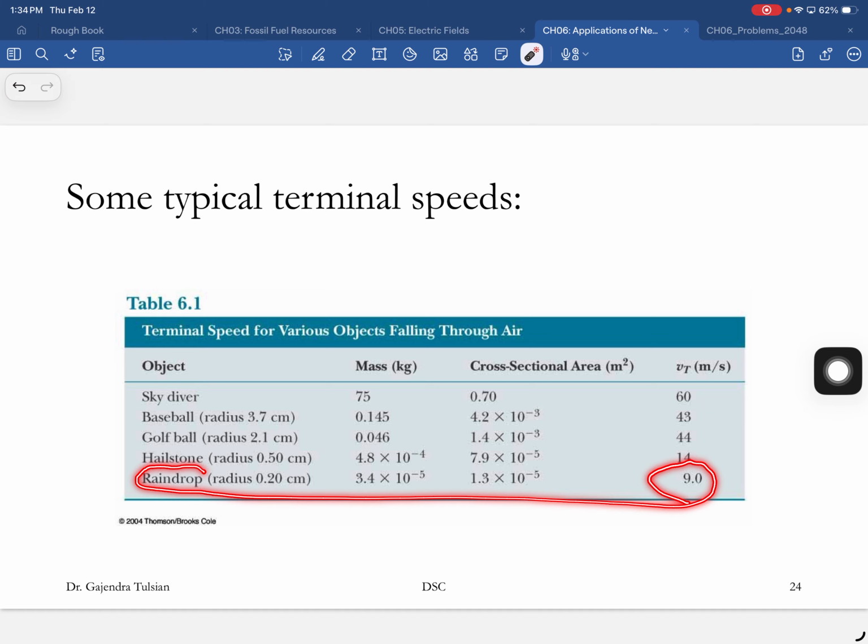The terminal velocity of raindrops is about 20 miles an hour. That's fine, you can walk in that. Well, you can't walk around when it's hailing. That's too fast and that'll cause damage. When it's raining golf balls, you definitely don't want to be walking outside. Or baseballs.